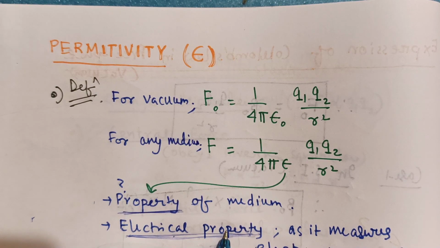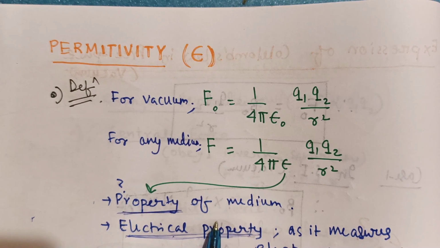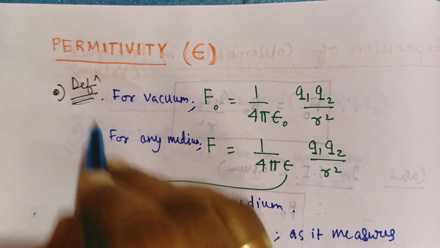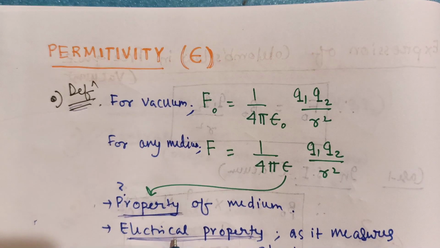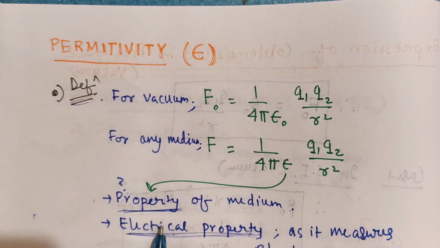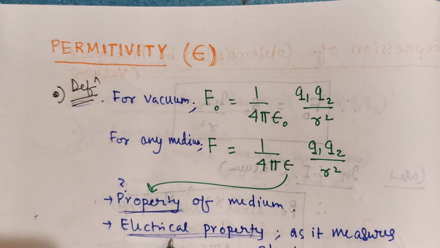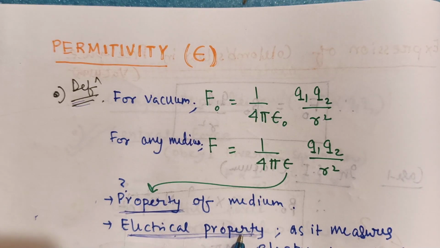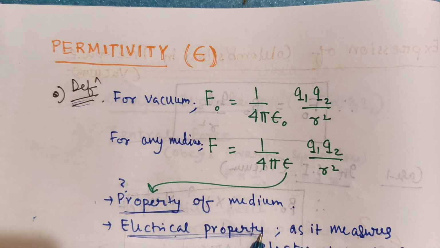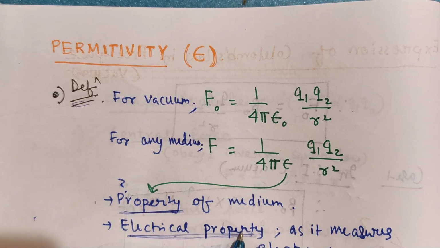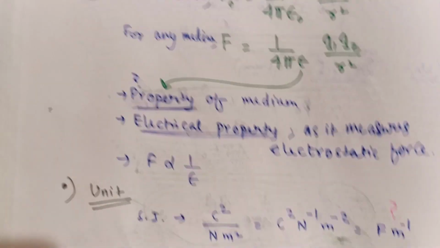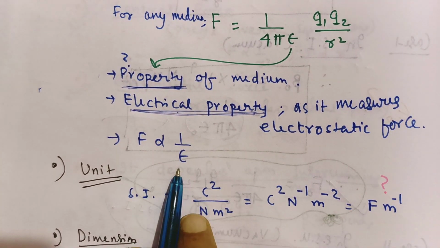So if a definition question comes in the exam, this is the definition we are discussing. What is permittivity? In your language, you say this physical quantity which represents the electrical property of the medium is known as permittivity. If another question comes, how does it depend on the electrical property? It is inversely proportional to the electrostatic force.